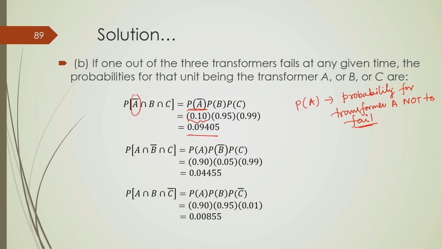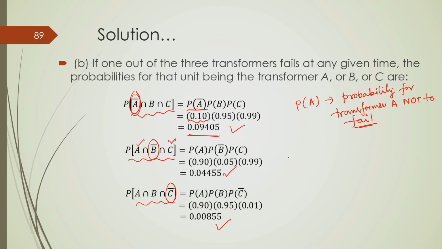Similarly, this represents that A and C are healthy and B is faulty. This particular event is representing B and C healthy, A is faulty, and this particular event representing A and B healthy, C is faulty, and their individual probability values you can determine. So, this is an example of one transformer fault at a time.